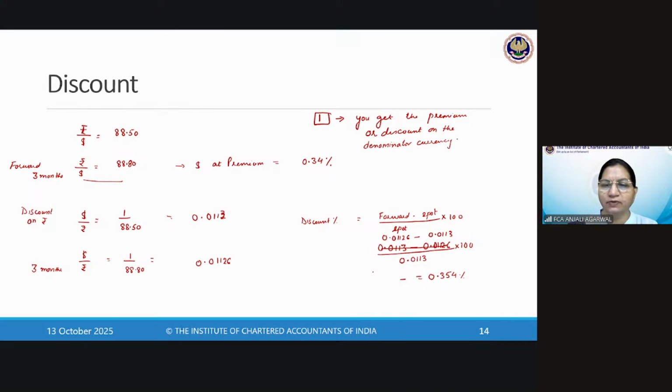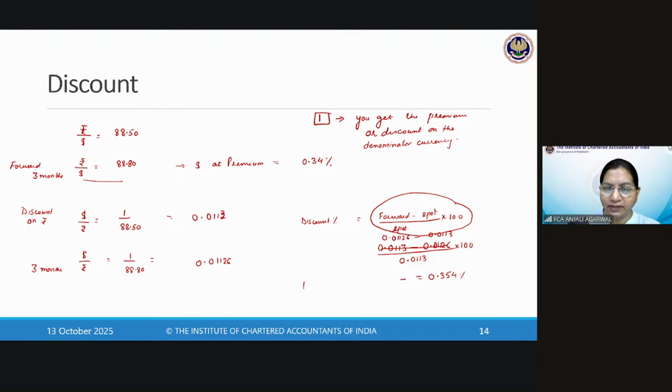Because it is negative, we could make out that this is a discount. So the first thing is, when you apply this formula, forward minus spot divided by spot into 100, you get the premium or discount percentage on the denominator currency. If it is positive, it is a premium. If it is negative, it is a discount.